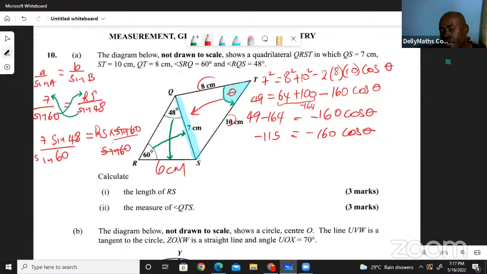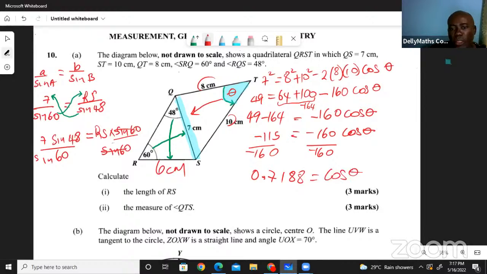And I'm at a good place because now I will divide both sides by negative 160, and I'm getting 0.7188 to 4 dp. That's okay.